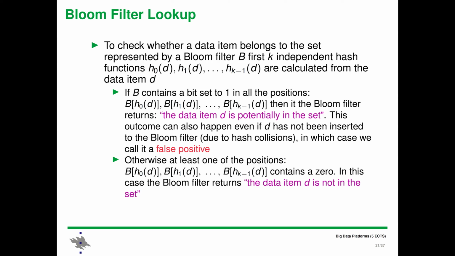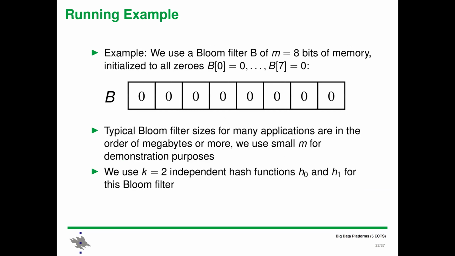But as said, k equals 2, using two hash functions, is a fairly good default. Now, if at least one of the positions contains a 0, so if we probe the hash function 0 position or the hash function 1 position, and we find a 0 in either one of those, then we know for sure the data item is not in the set, because otherwise we would have set both of those positions. So that's the nice thing.